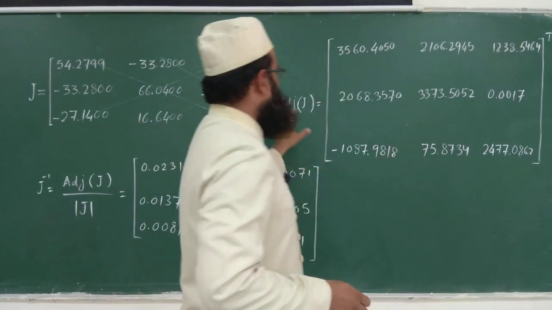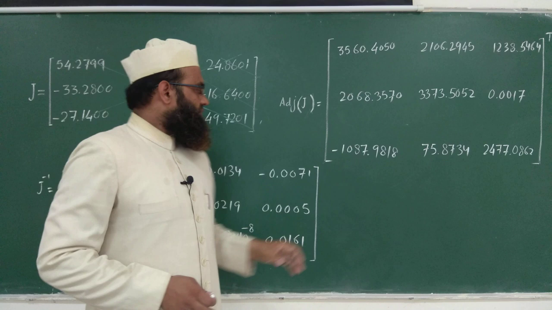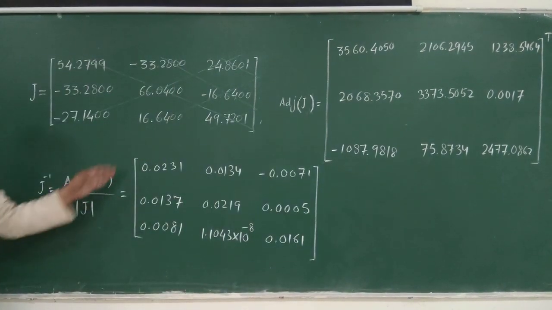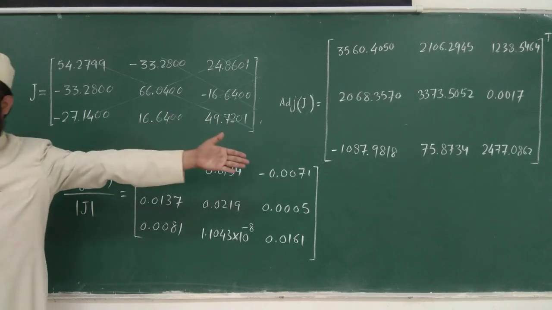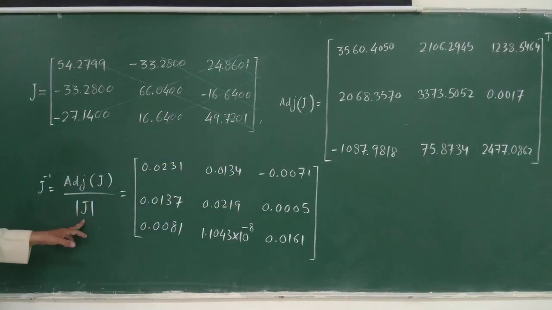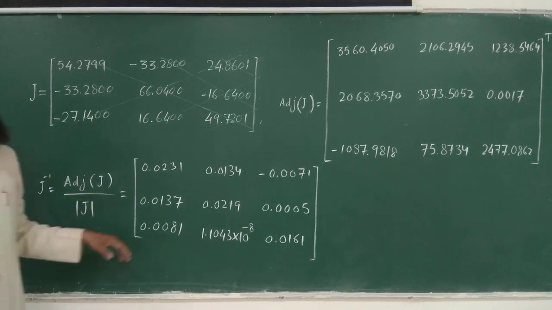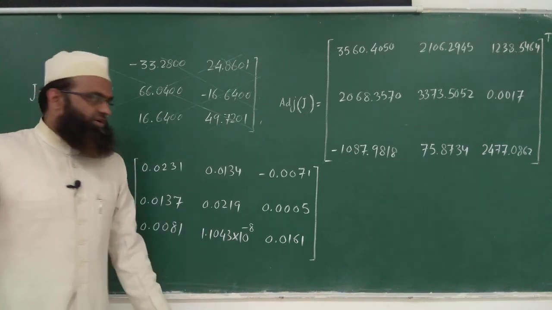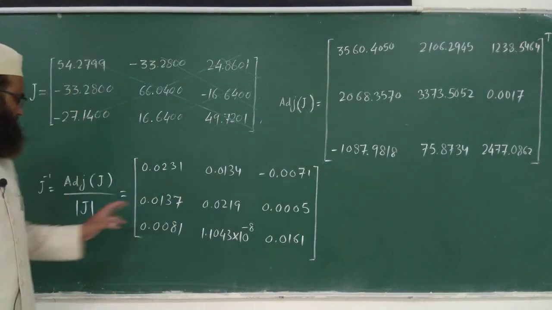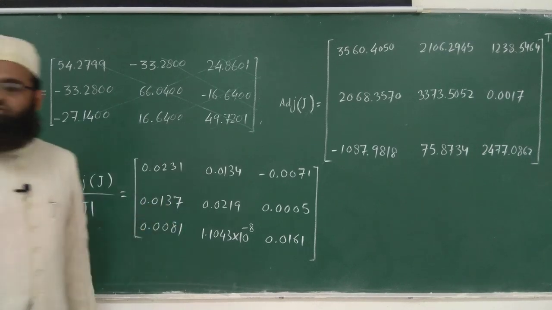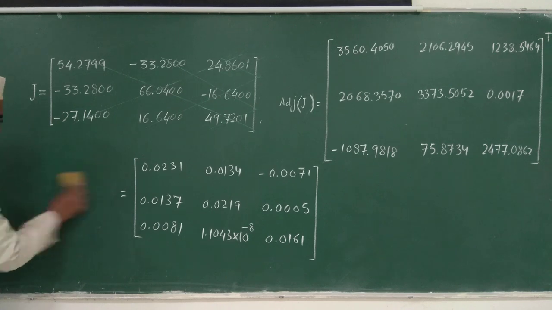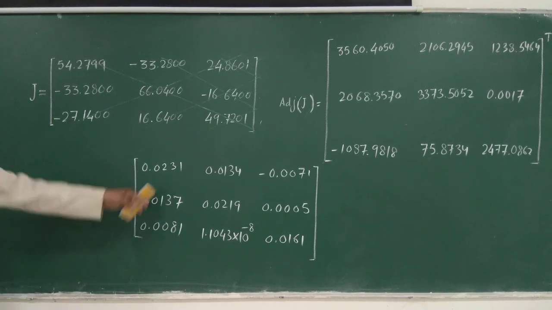So finally, after taking the transpose of this matrix, you can get your J inverse as the ratio of the adjoint of J matrix, which you have evaluated after taking the transpose, and the value of the determinant J, which you have already evaluated, right? So taking these two ratios, you are getting the elements of the J inverse matrix as this. So once the inverse of J, the Jacobian matrix, is known, what is our ultimate aim? This is J inverse, right?